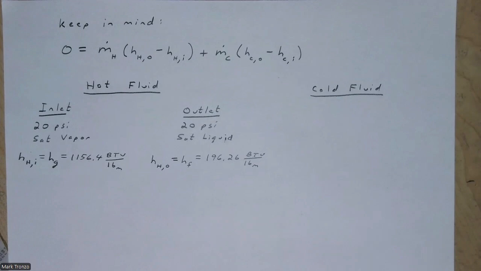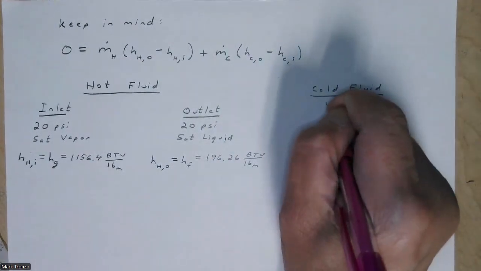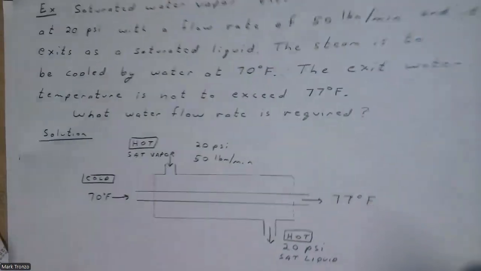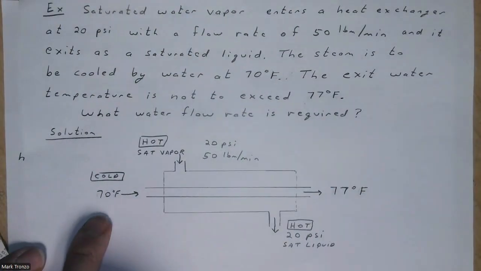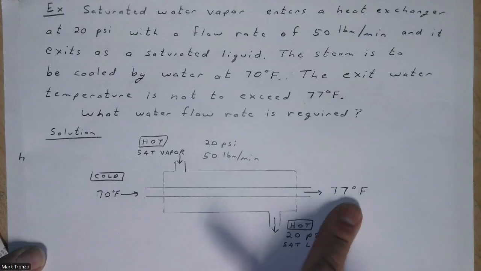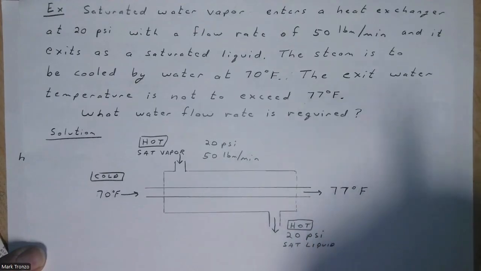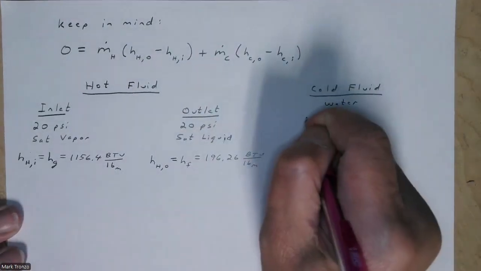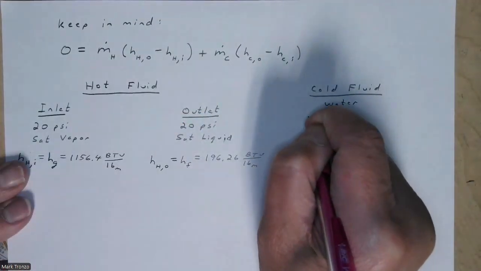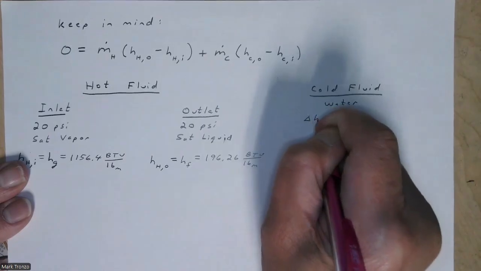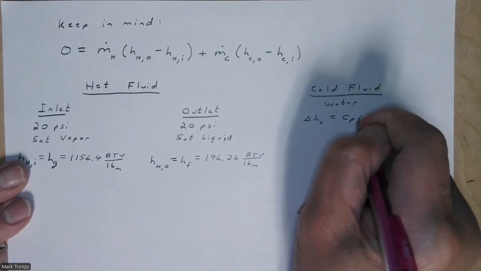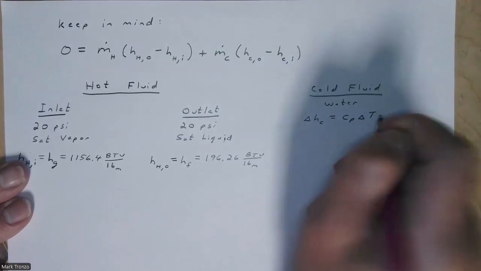Now, the cold fluid is water, and the water is coming in at 70 degrees Fahrenheit, and we want it to not exceed 77 going out. But remember, for water, and this is going to be the cold fluid, delta H cold is going to be Cp delta T, like this.